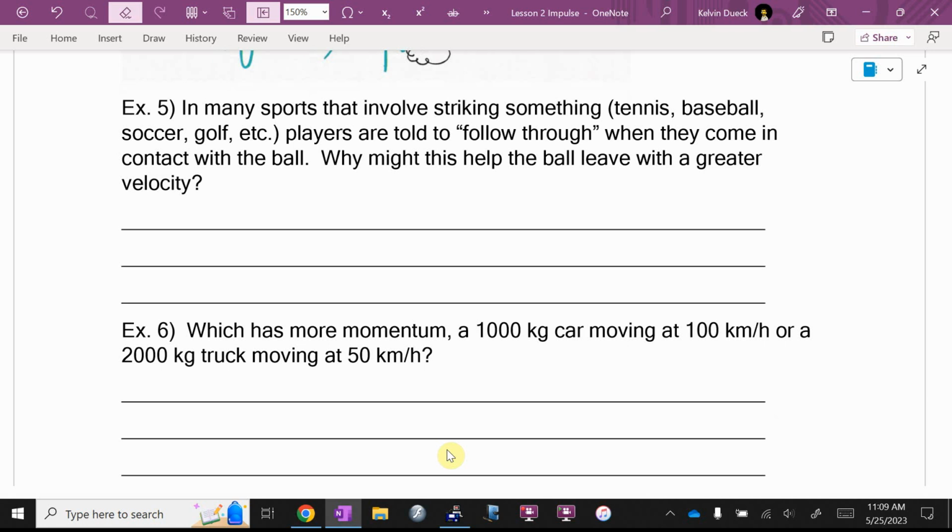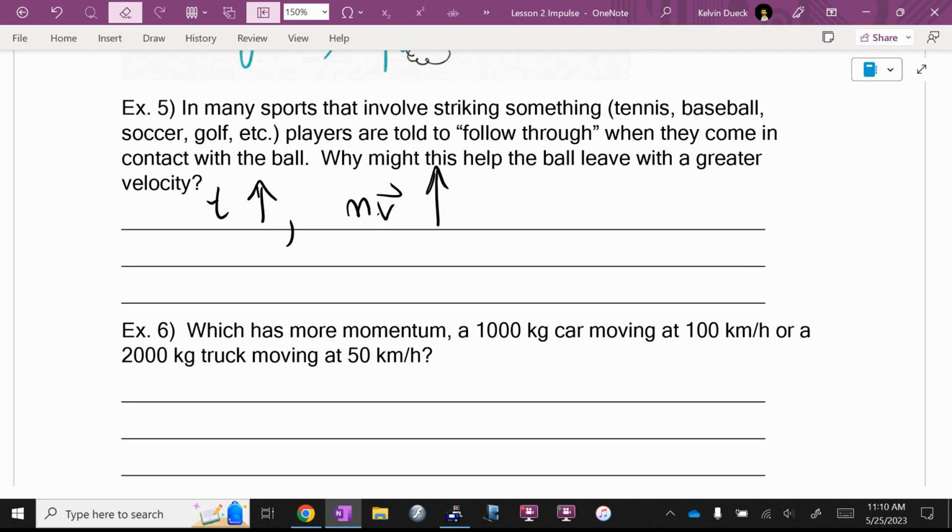What else is in the impulse equation next to the F? If I can increase the time of contact, okay? So as time increases, mass times velocity increases.